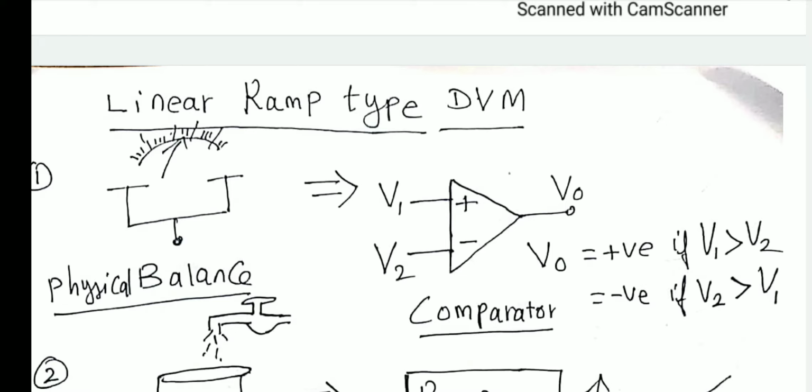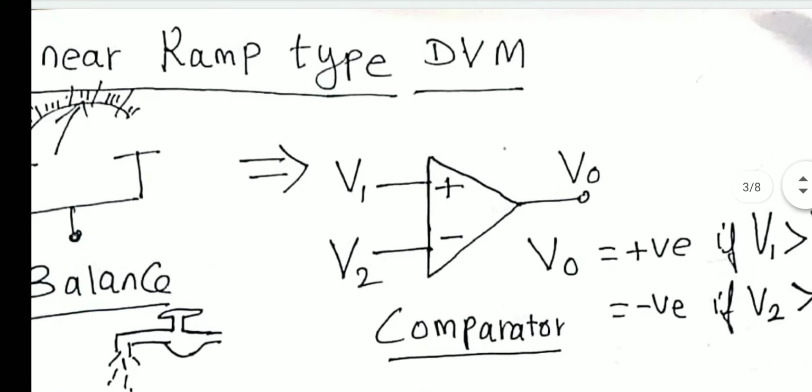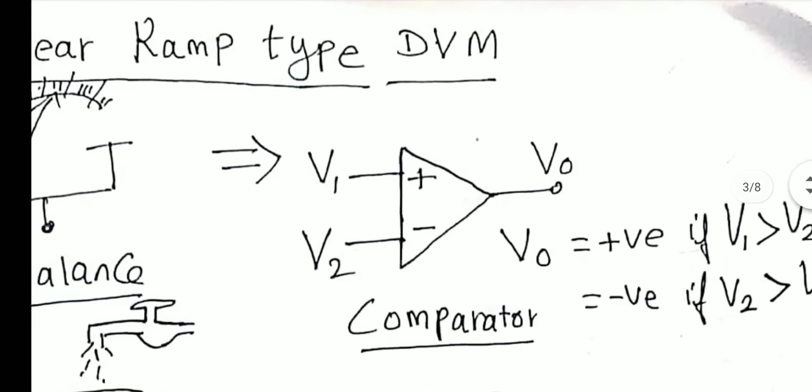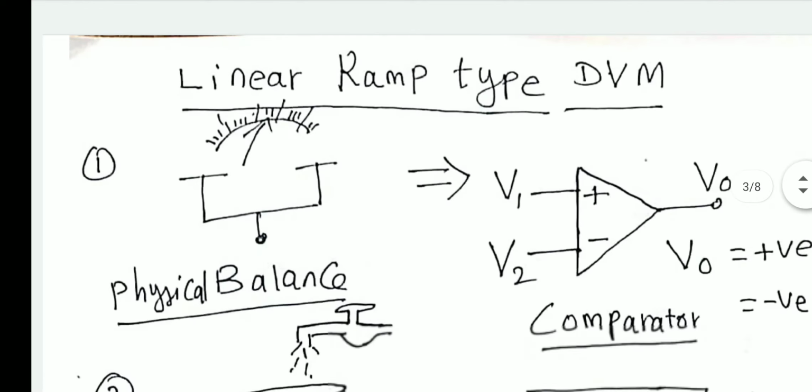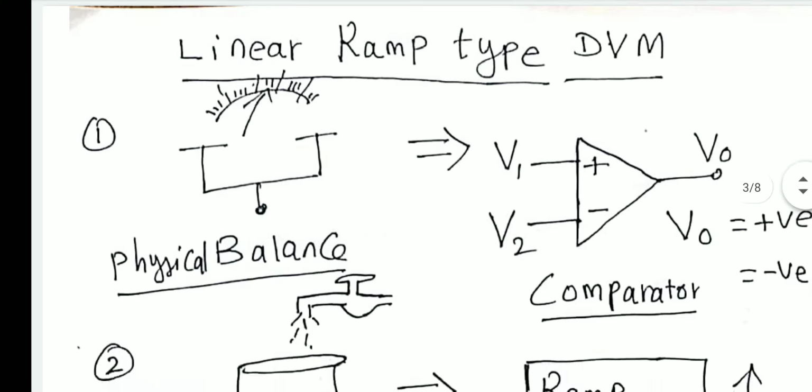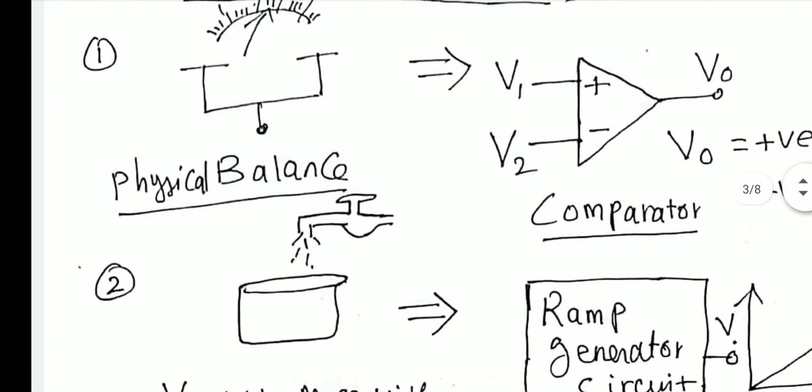When V1 is greater than V2, the output will be positive. When V2 is greater than V1, the output will be the negative supply voltage. Very simple. So in our electronic circuit, we are going to use a comparator instead of the physical balance in the example.